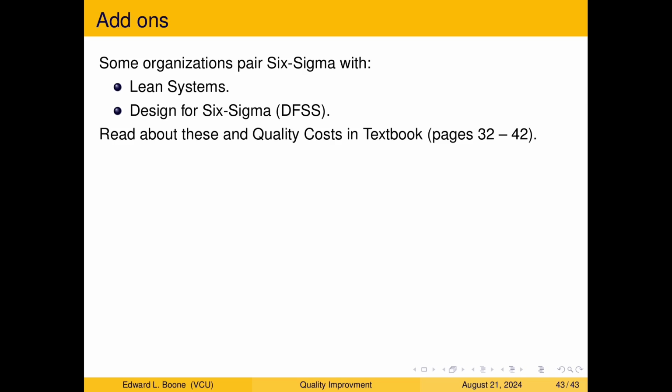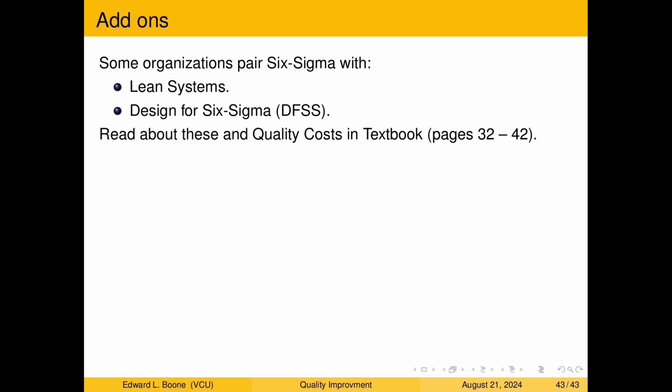And then there's this notion of what's called Design for Six Sigma, DFSS. There's a lot of work that goes into that because when you design your product, you want to design it so that Six Sigma is going to occur. You want to design it so that you're producing quality products.